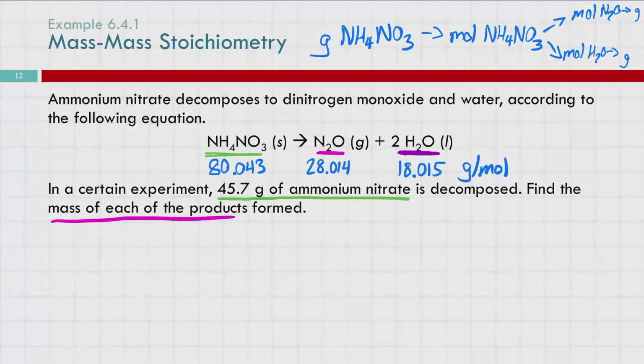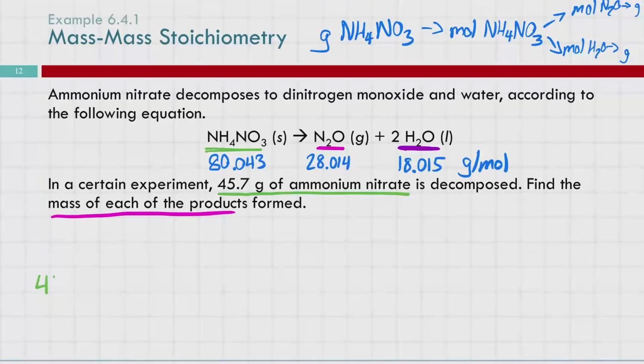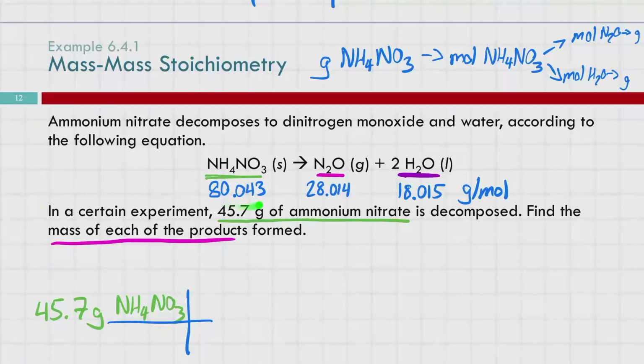Okay, so starting out our problem, 45.7 grams ammonium nitrate. We want to convert this into moles of ammonium nitrate. So we need to divide by our molar mass.